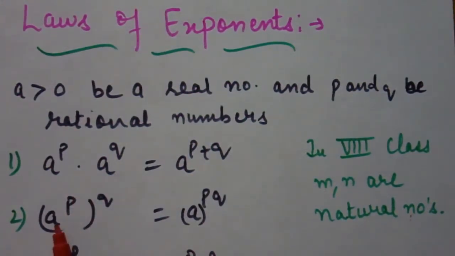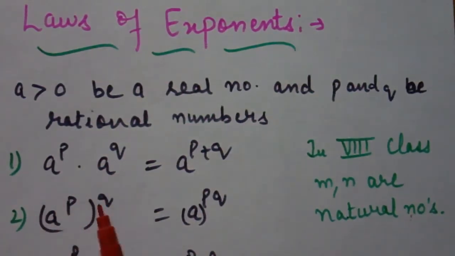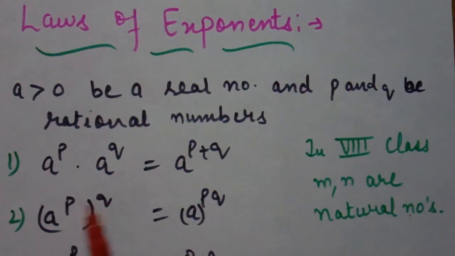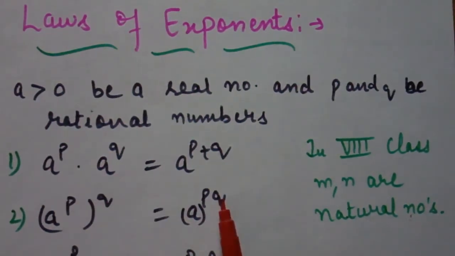Second law is when the base is same and we have two powers like this, a raised to power p, bracket whole power q. So it changes to a raised to power p times q. It means both powers are multiplied with each other. So what is our third law?